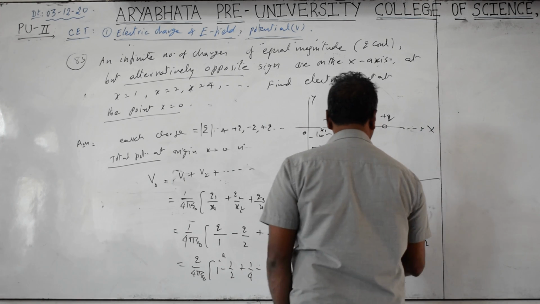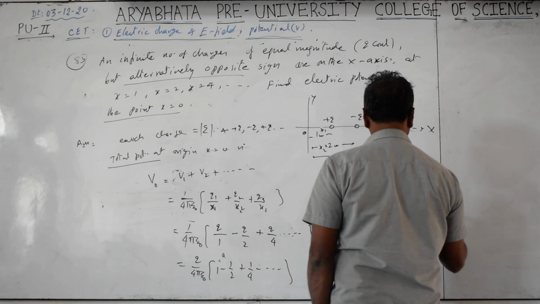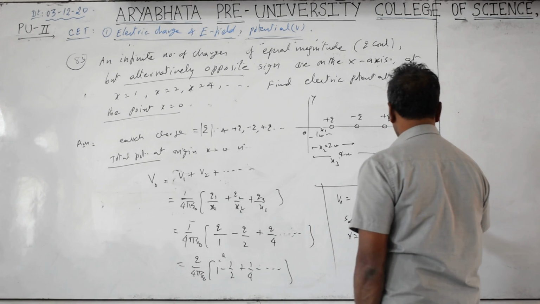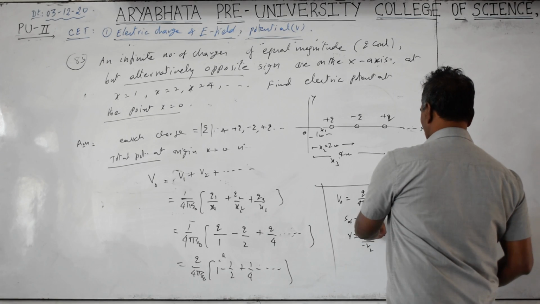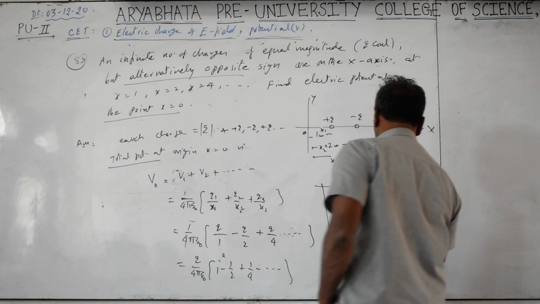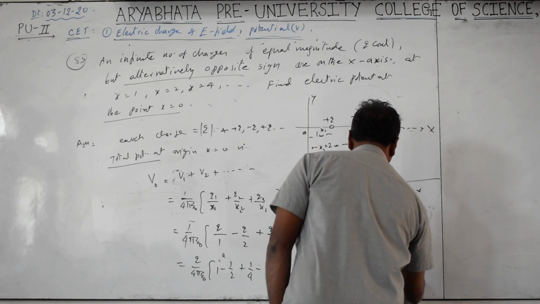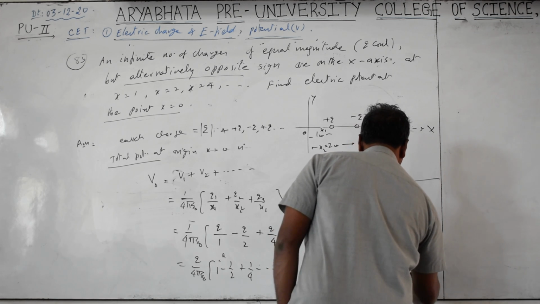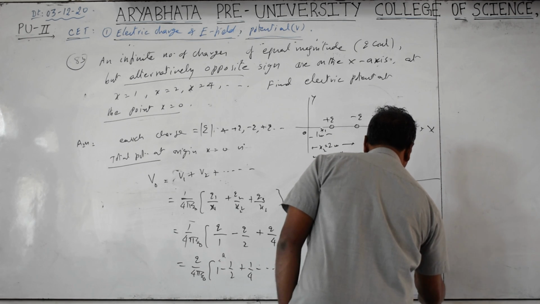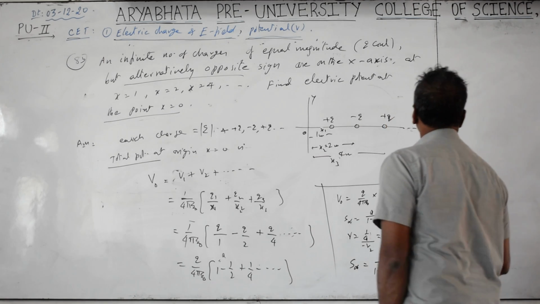So the summation to infinity is equal to Q by 4 pi epsilon naught into a, which is 1, by 1 minus r, that is 1 by 1 minus of minus half. Sorry, S infinity becomes 1 by 1 plus half, which is 1 by 3 by 2, which becomes 2 by 3.